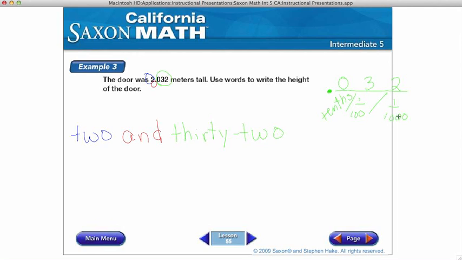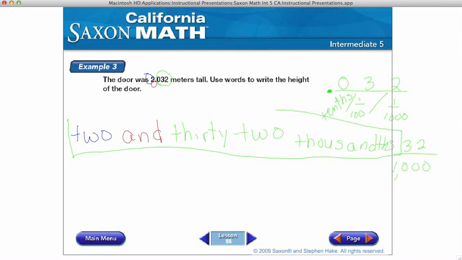Because the 2 is in the thousandths place, it's the same as saying 32 1,000ths, okay? So I have 32 thousandths. Okay, so this 2 and 32 thousandths is the word form of how tall my door is.